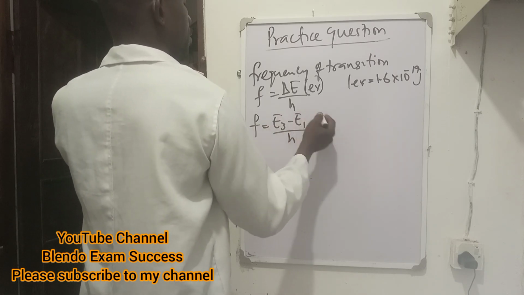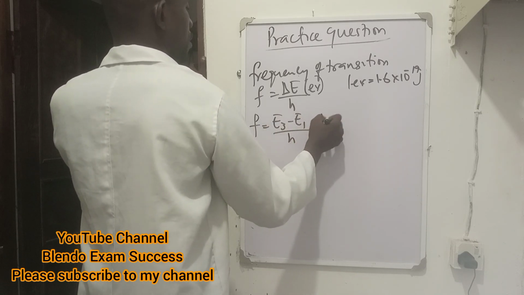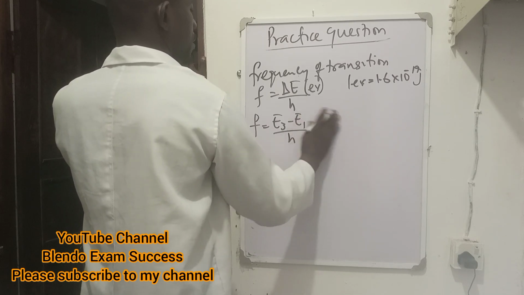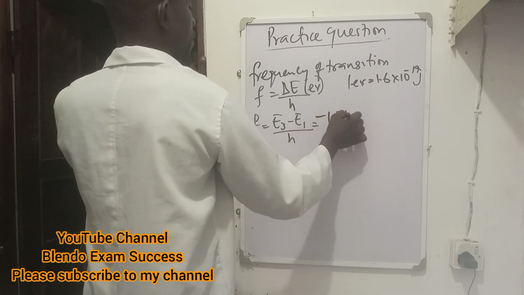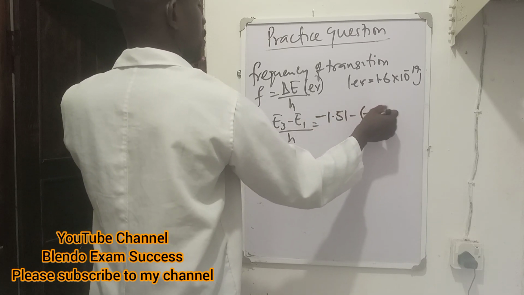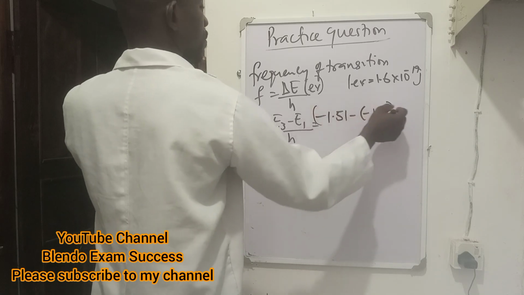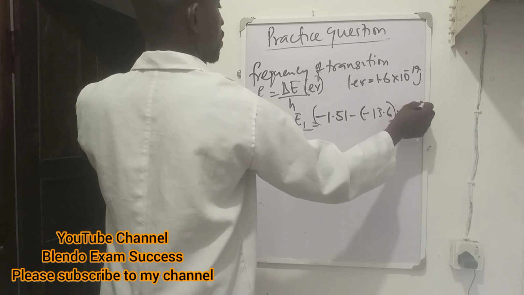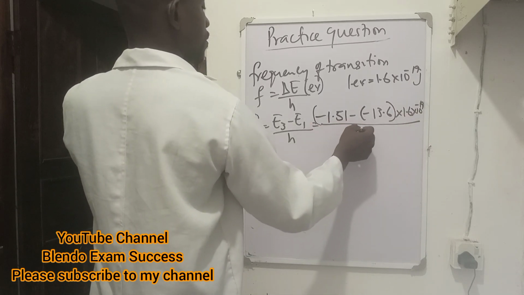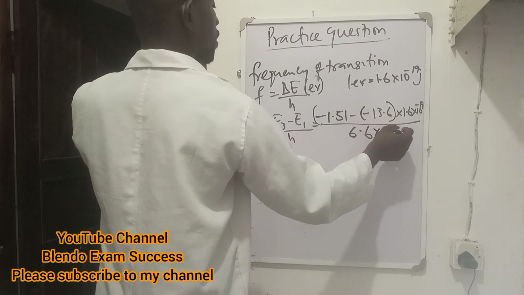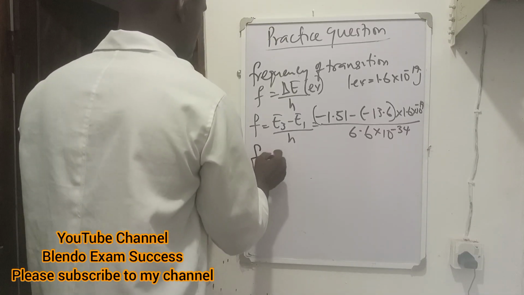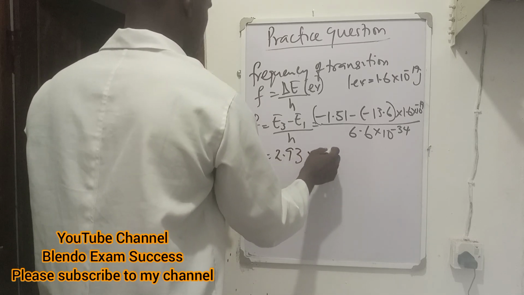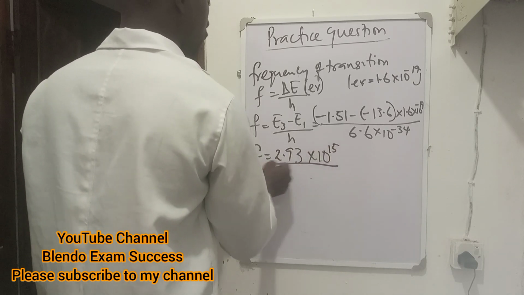And E3 minus E1 from what we have calculated is minus 1.51 minus minus 13.6. We multiply it by 1.6 times 10 to the power minus 19 divided by 6.6 times 10 to the power minus 34. f is 2.93 times 10 to the power 15 Hertz.